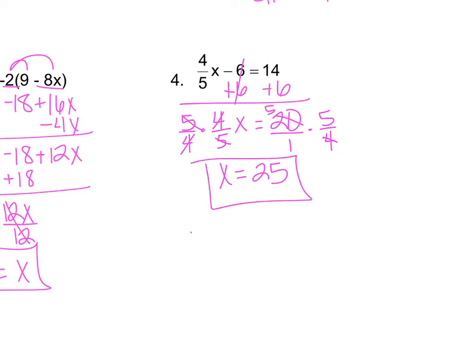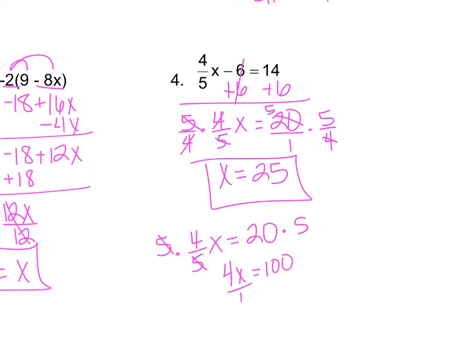Okay, so I'm just going to write this here in case you want to look at it in 2 different steps. If it makes sense that way, you're more than welcome to do it that way. So if you want to break into 2, we could get rid of the 5 by multiplying it on both sides, which leaves me with 4x equals 100.